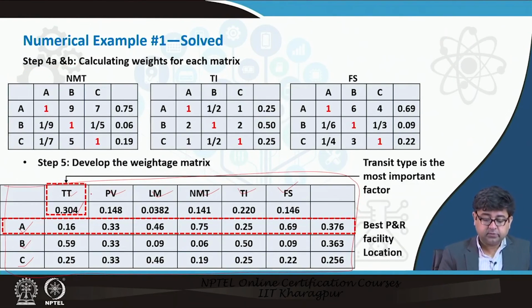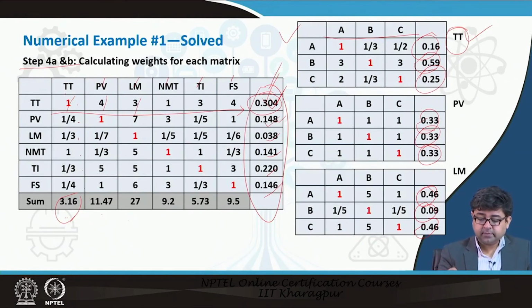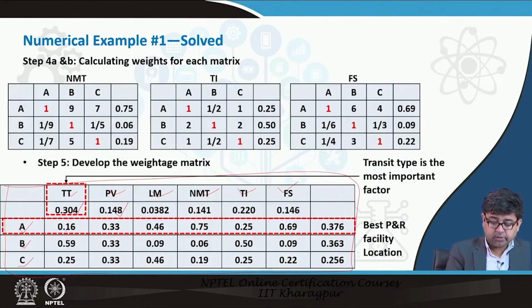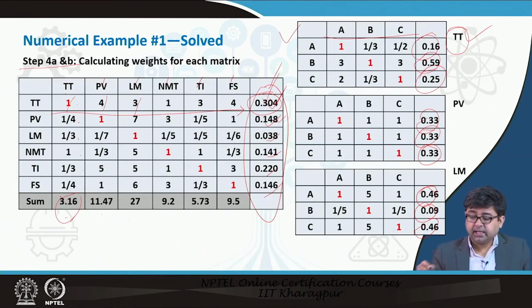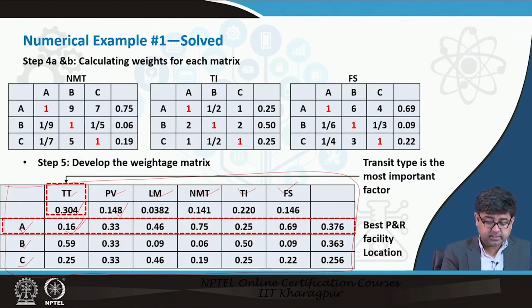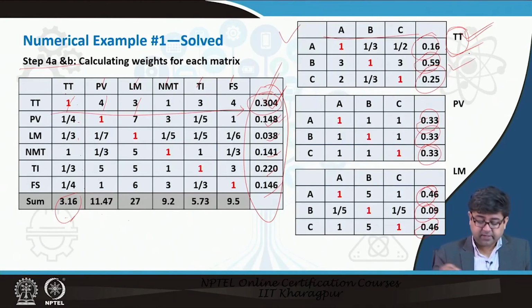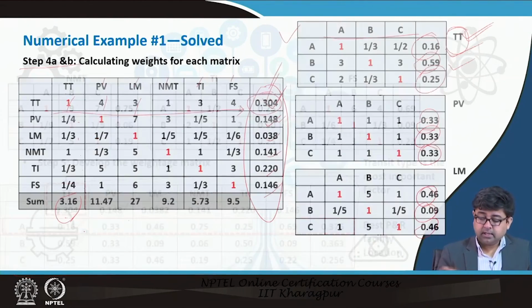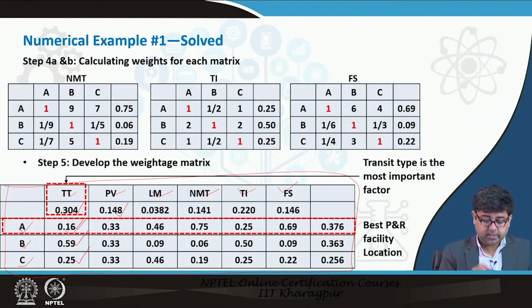So, you have 0.304 here, 0.148 comes from here, and so on and so forth. And how does this come? For the criteria travel time, alternative A had a weightage of 0.16, alternative B had 0.59, and alternative C has 0.25.